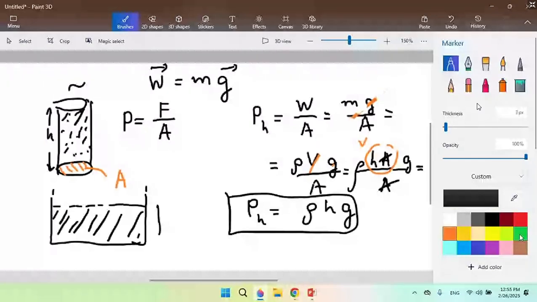What is the pressure at some point, for example, point M, which is found at depth?